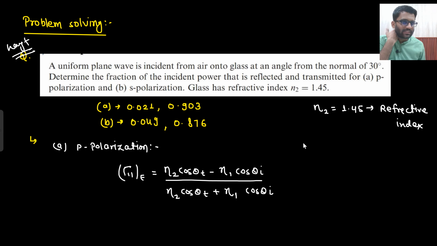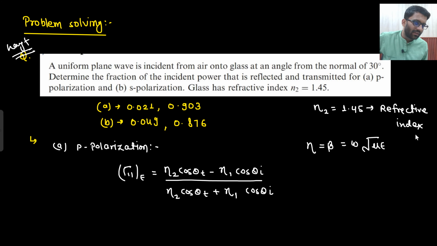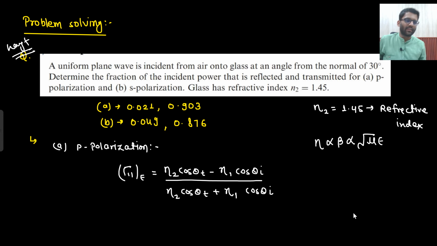So when we wrote down Snell's law, what did we write? In place of refractive index n, we wrote beta there, right? And our beta is proportional to under root mu epsilon. I am just telling the proportional sign: our refractive index n was proportional to beta, and beta is proportional to under root mu epsilon.